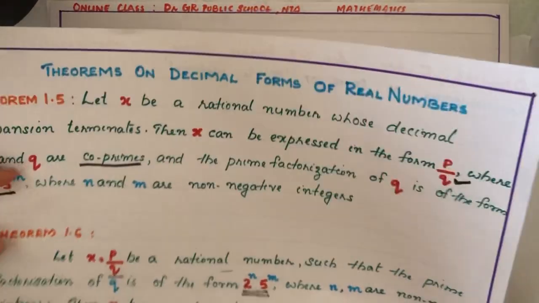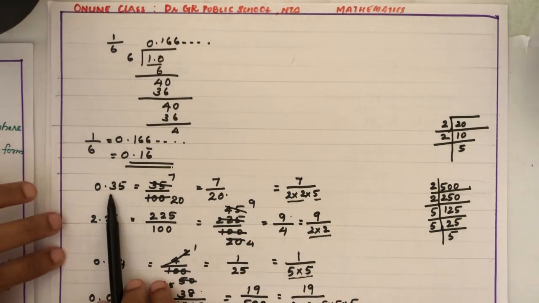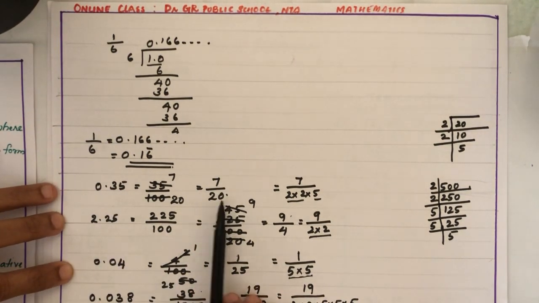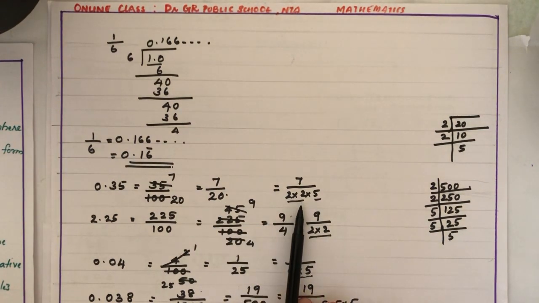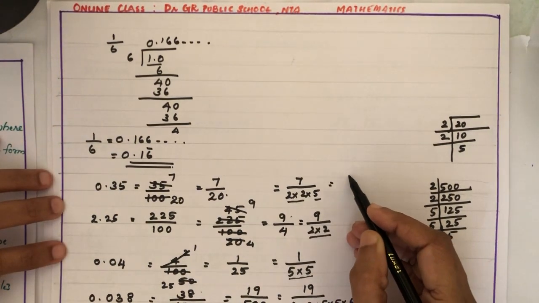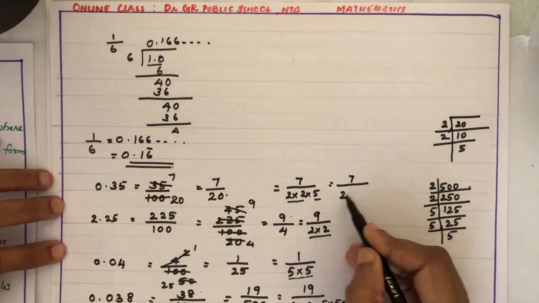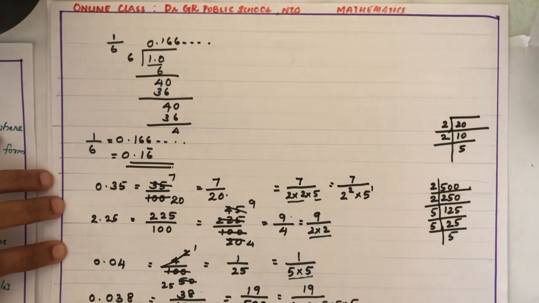Come to the examples again. See, this is the terminating decimal form. This is the rational form. And we have done the prime factorization of the denominator. 7 by 2 into 2 into 5. So it is 7 by 2 into 2, which can be written as 2 raised to 2 into 5 raised to 1.